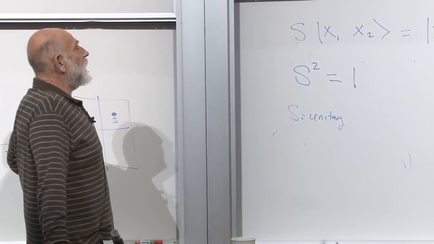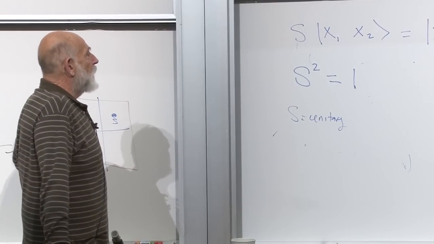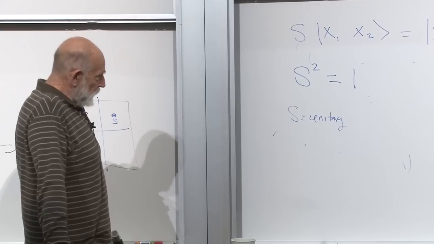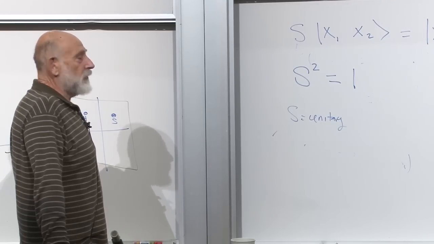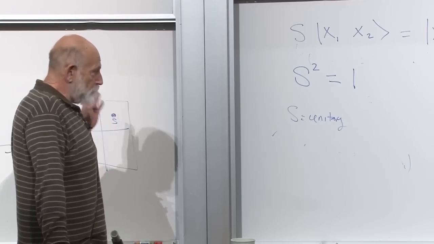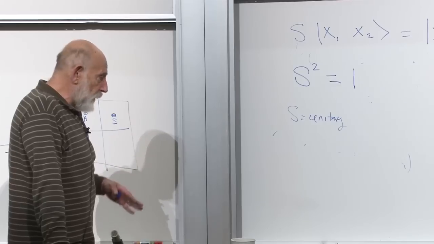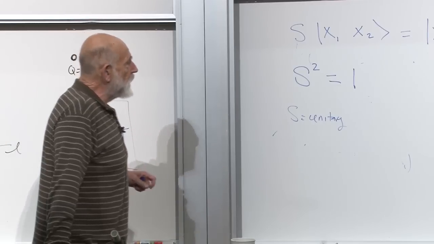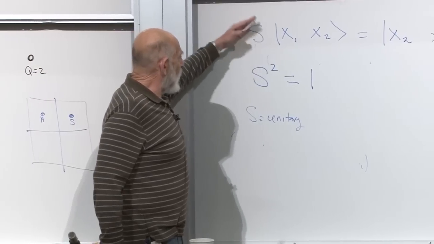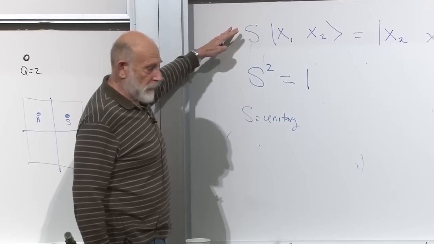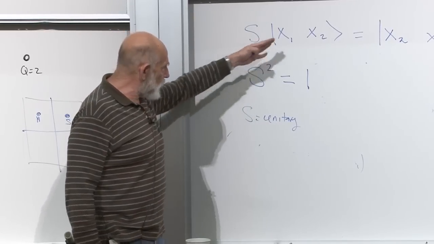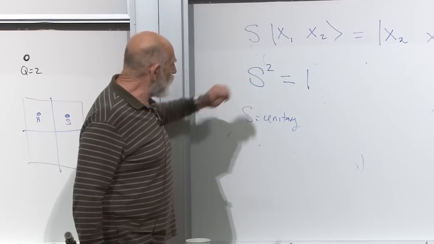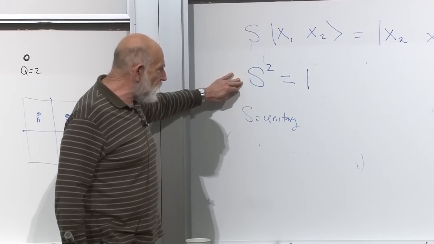Okay, let's make a new principle. The new principle is that identical particles, they could be photons, they could be electrons, whatever, for a specific kind of particle, the wave function when you interchange two particles always comes back to the same wave function.